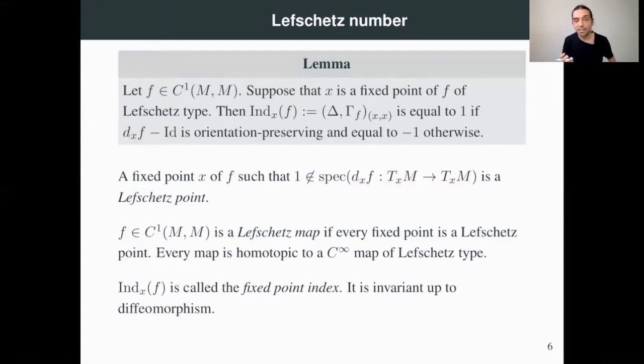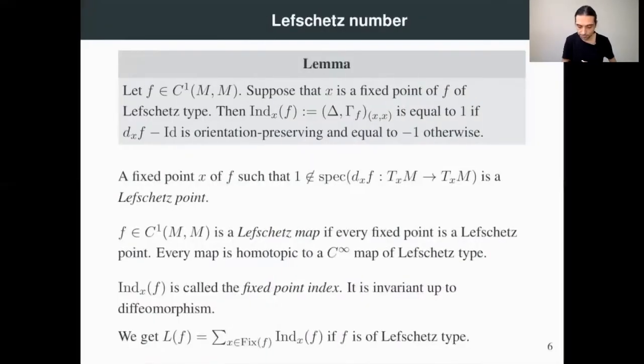What we get when we consider a change of coordinates given by a diffeomorphism is a similar matrix. And two matrices that are similar have either both of them positive determinant or both of them negative determinant. So the index is the same for a self-map and the conjugate of this self-map by a diffeomorphism, right?